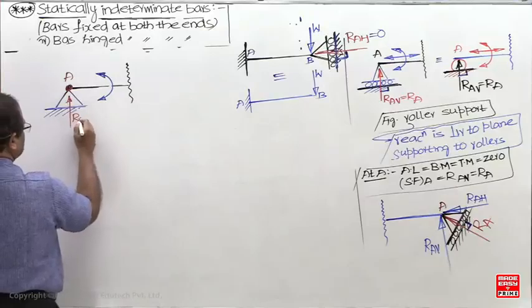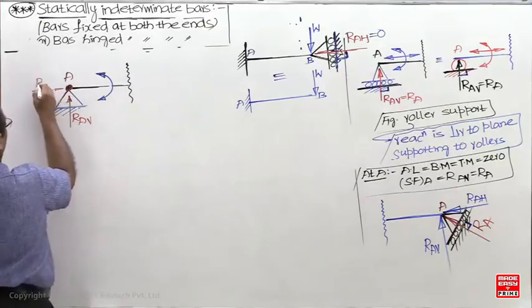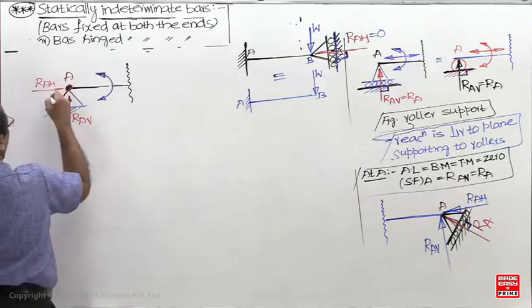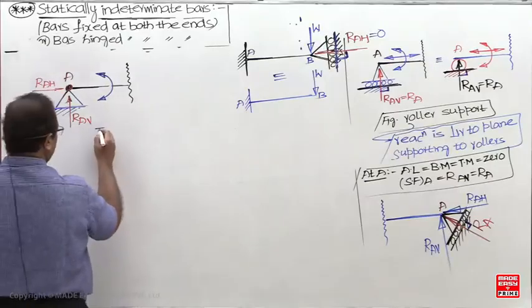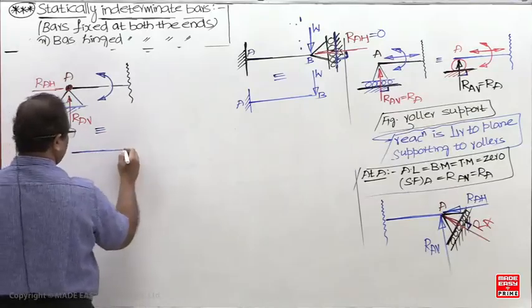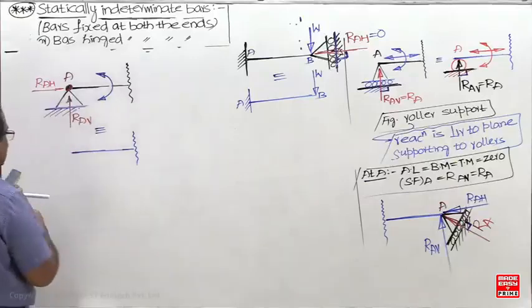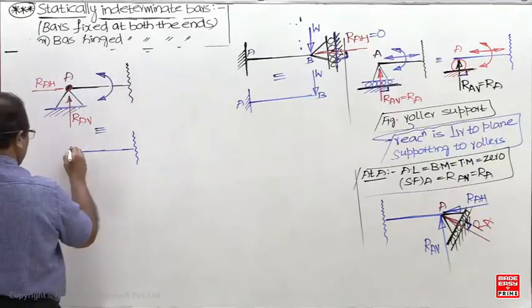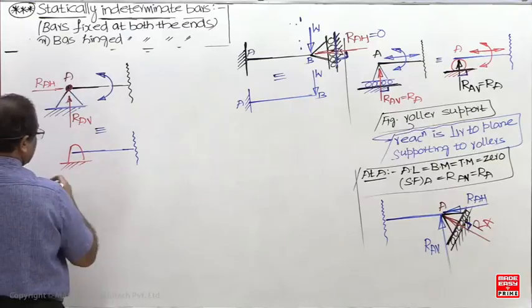One vertical reaction, one horizontal reaction. In what other way can you show it? In your theory of machines, mechanisms problems, you are going to study the hinge joint.